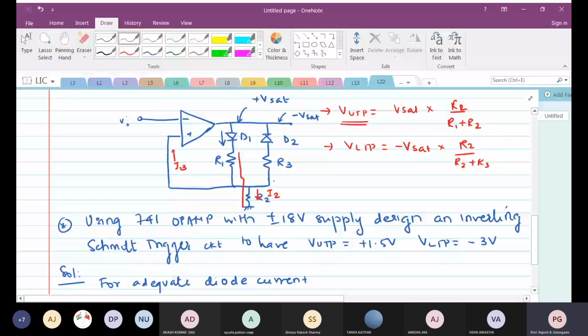Please remember earlier we used to select IB or rather I2 as greater than or equal to 100 times IB. Most of the times IB was 500 nanoamperes for 741, so this used to come as 50 microamperes. But here the special requirement is that we should have adequate diode current. 50 microamperes would be too less, so we will select 500 microamperes.